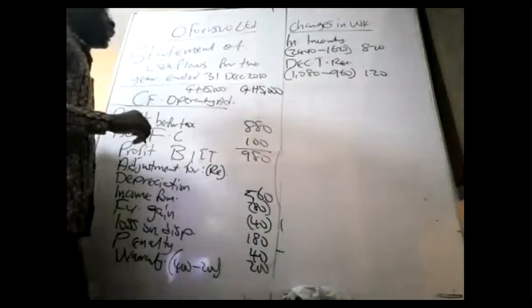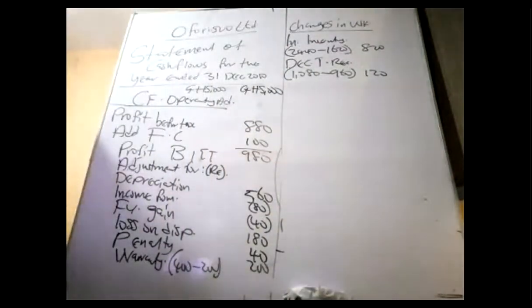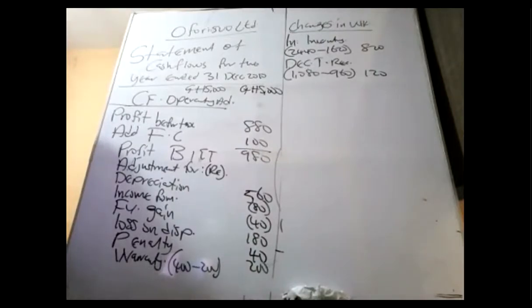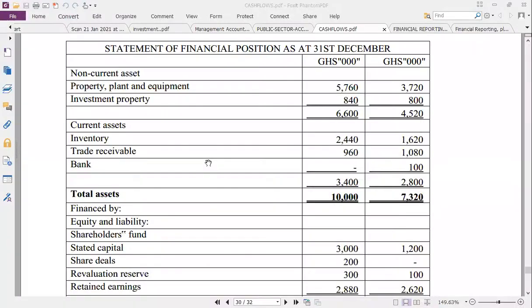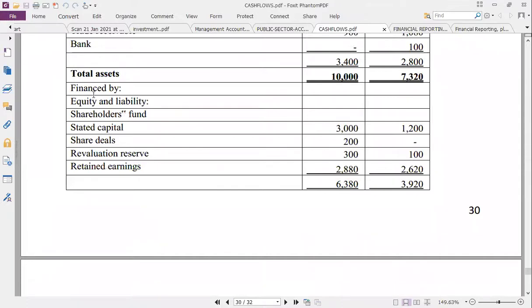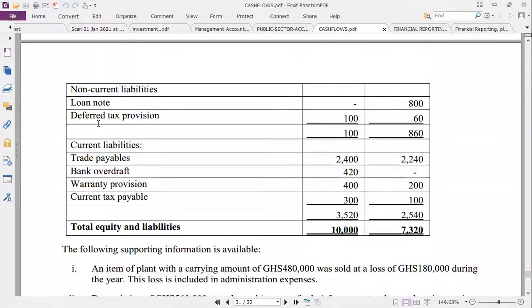Okay. Then go to payable. Payable: at the start it is 2,240, and then it's 2,400.